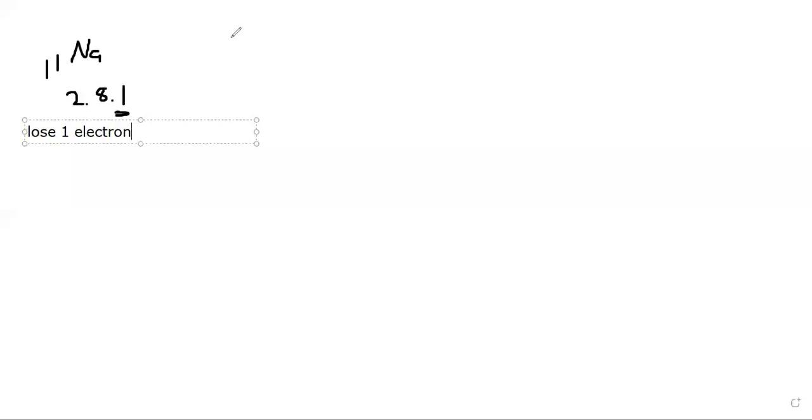If we're looking at the bonding in sodium fluoride, fluorine atomic number is 9, electronic configuration is 2, 7. Fluorine, the non-metal, will want to gain 1 electron to complete the second shell.